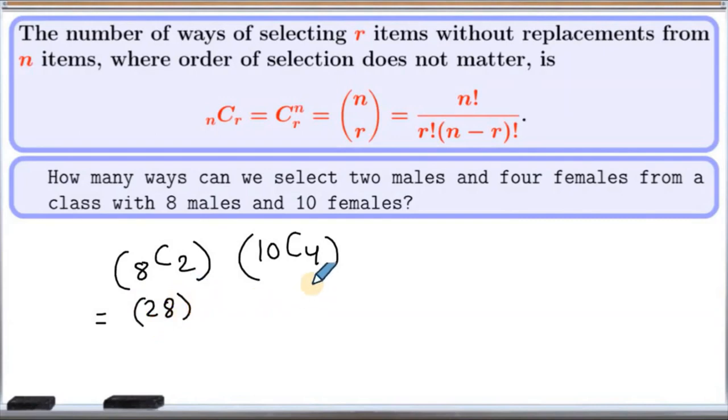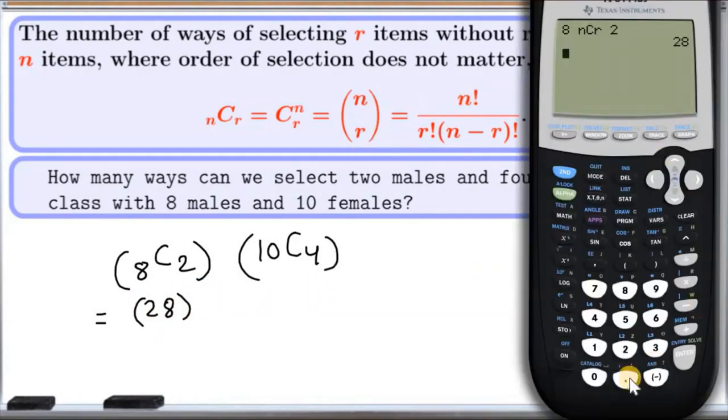Now let's calculate 10C4. So type in 10, then go to math, go to PRB, then come down to 3, then hit enter, then type in 4. So hit enter. So 10C4 is 210.